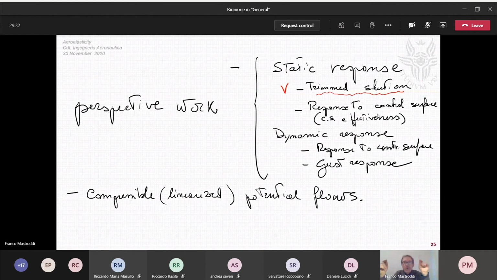You want to know if this process, deformation, then aerodynamic load variation, then new deformation, new aerodynamic load variation, and so on, will converge in a final trimmed solution. You want to fly in trimmed condition, and you want a deformed configuration.